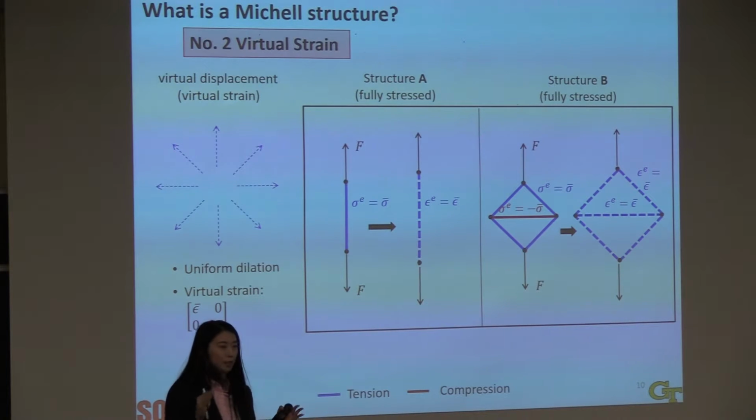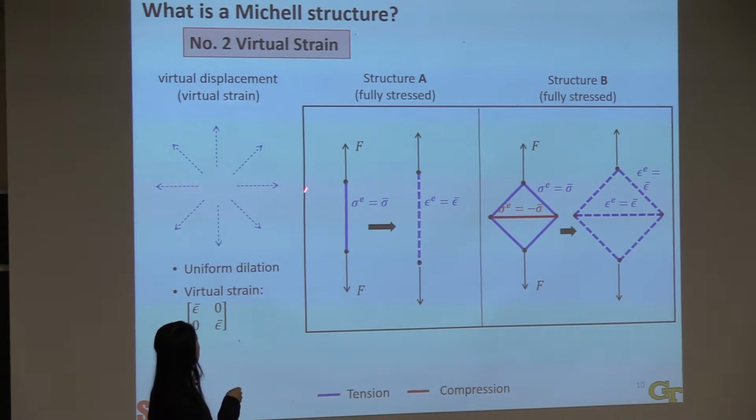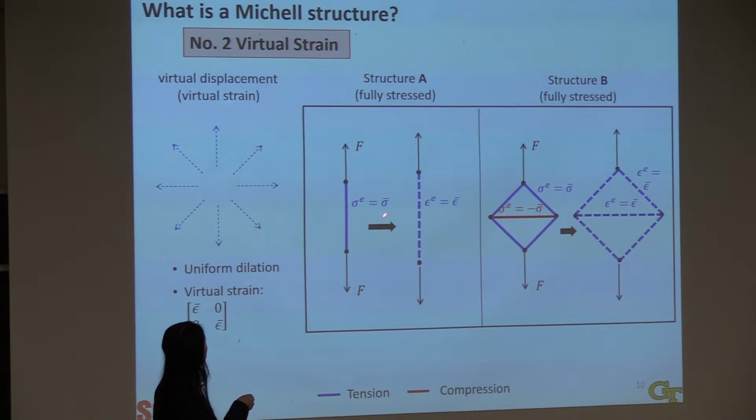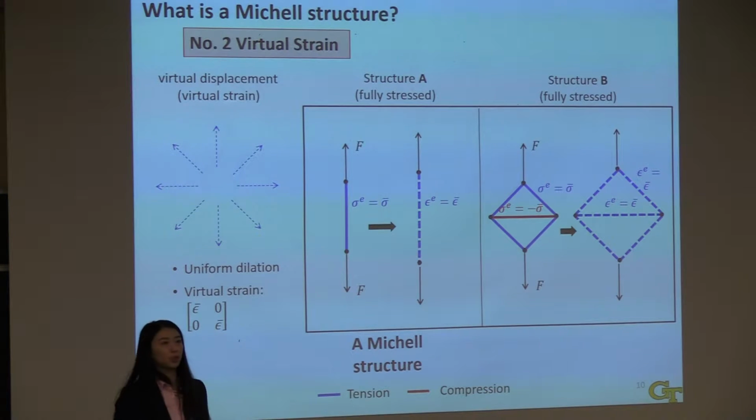So let's take a look at structures A and B. Since all the members have to stretch to the same limit, for structure A there's no problem, because with the force we give, it is already in tension, and with the stretch of the virtual strain field, it is still in tension, and therefore it satisfies the second Michell condition.